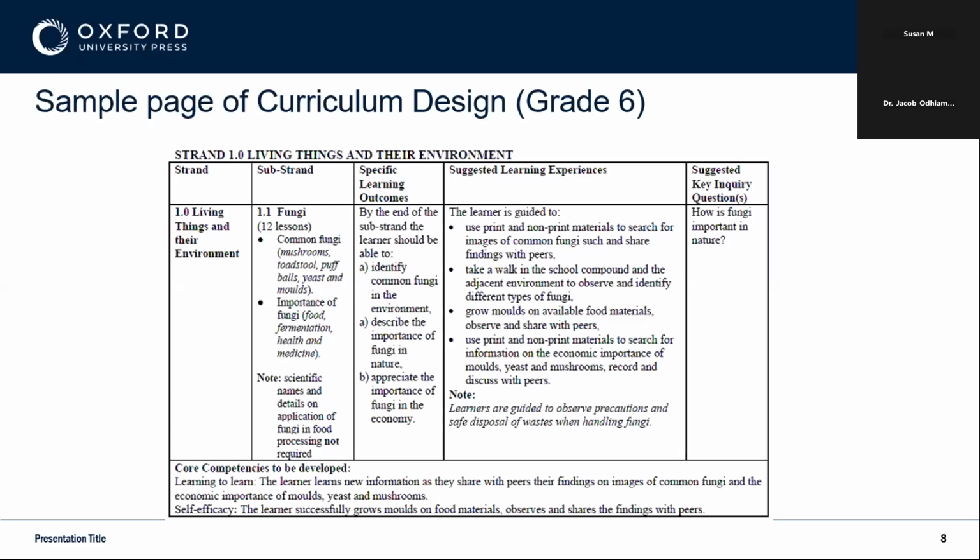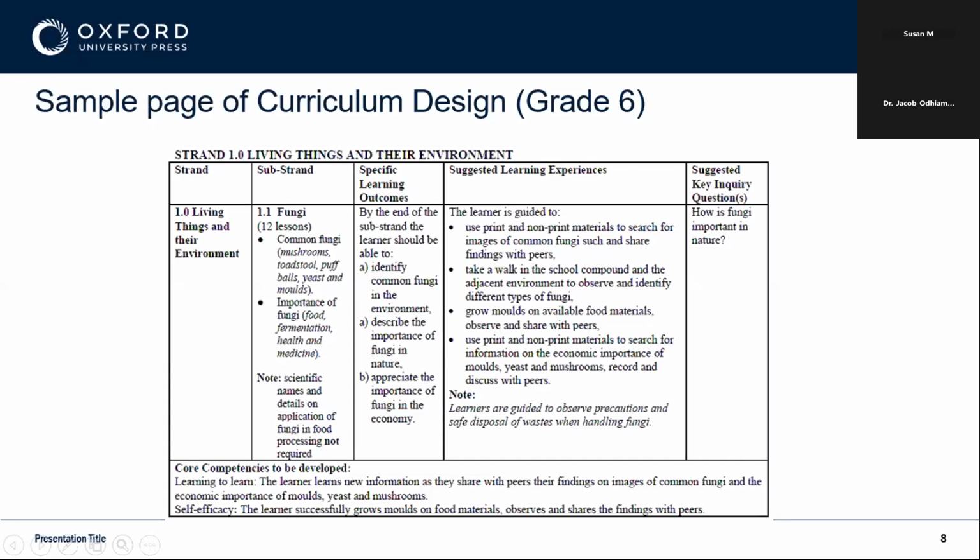Issues of the format of lesson plan vary because I think there is a format recommended by KICD. Teachers should have a look at that one. And we also have officers on the ground, the quality assurance officers. I think they have a format.